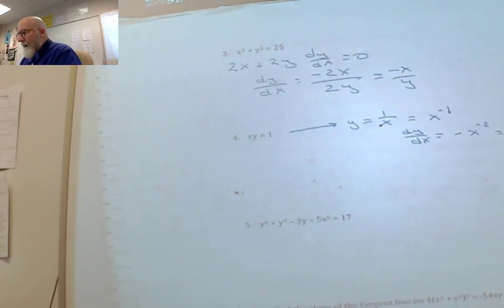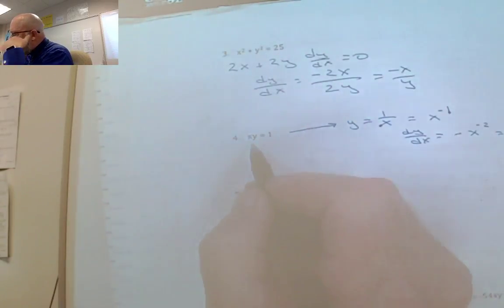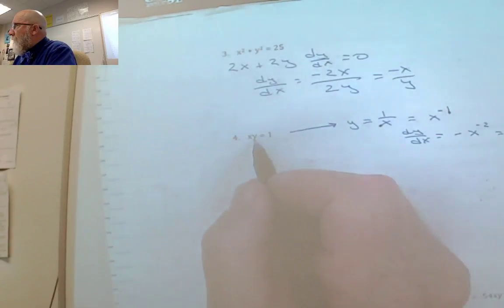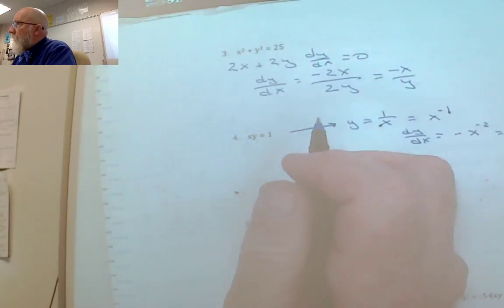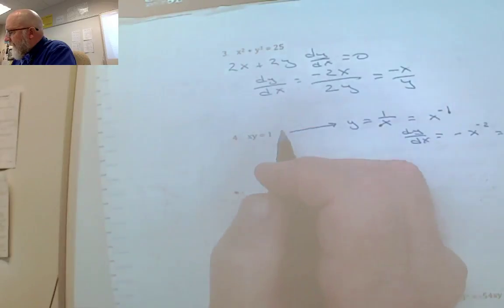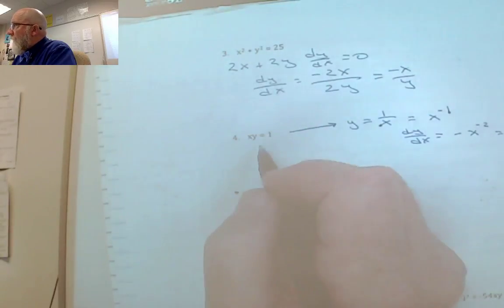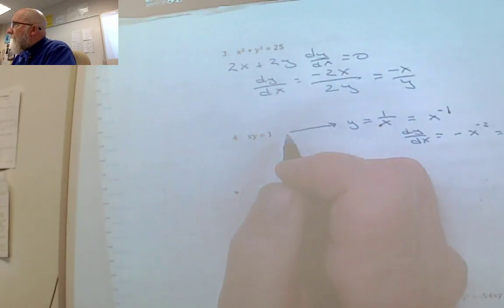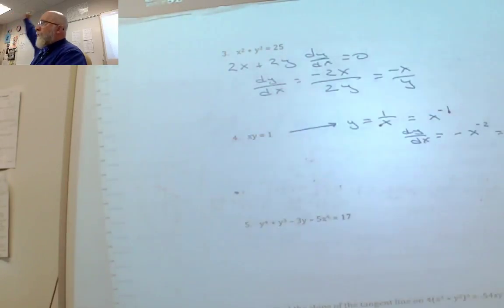Or I can do it implicitly. Now, Hillary, will you tell me how y and x are working in cooperation to get 1? What are they doing exactly? Right. You would say x times y equals 1, correct? Well, as soon as you say the words times or multiplying, what are you thinking about? The product rule.